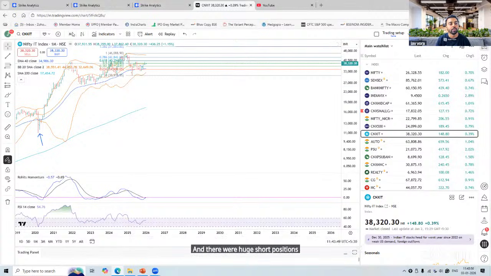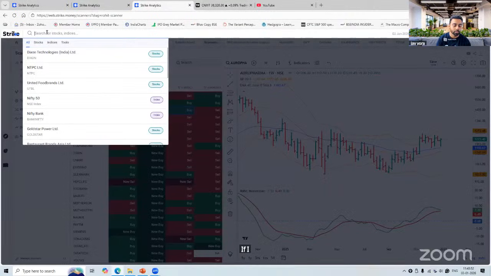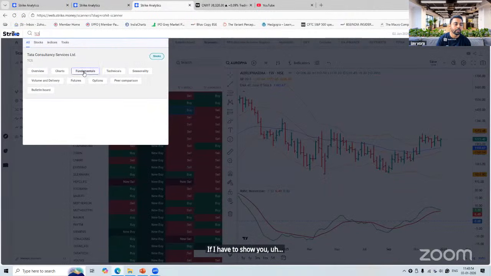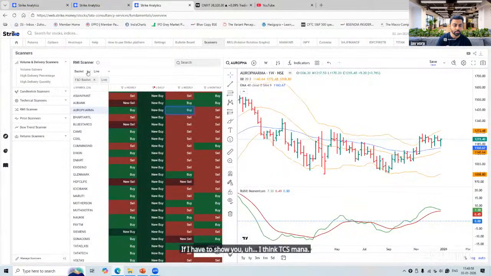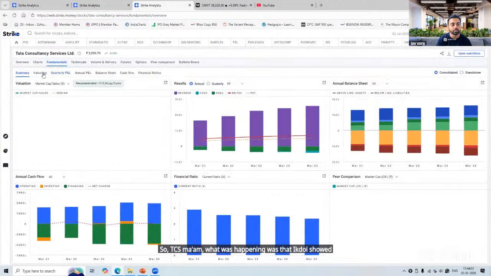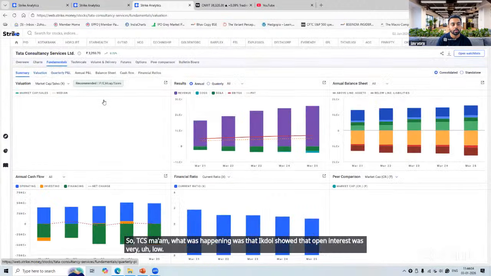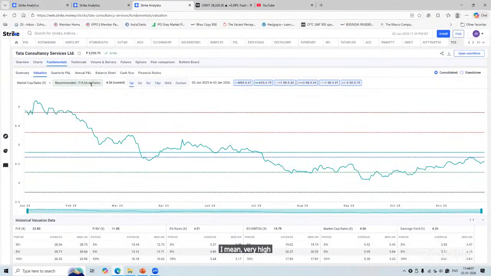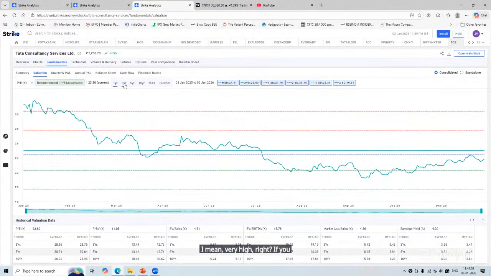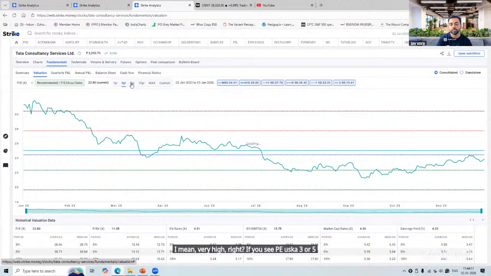If I have to show you, in TCS, I showed that open interest was very high. If you see PE, its 3-year 5-year was below 2 HD. Yes.